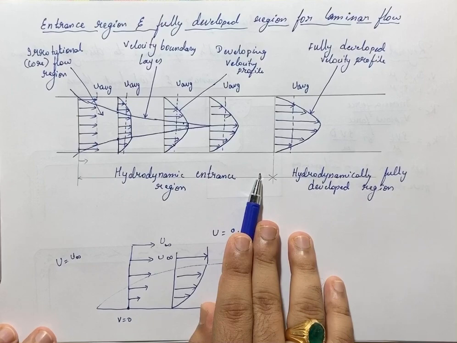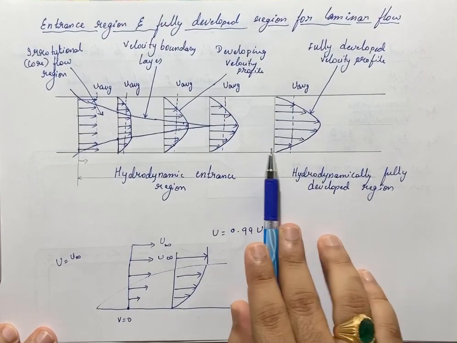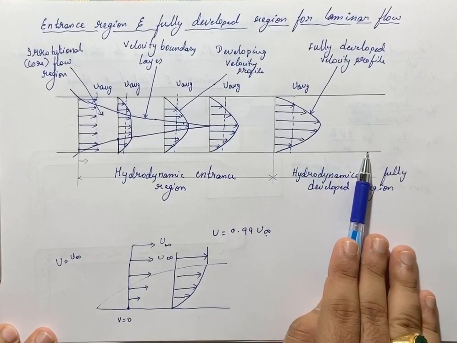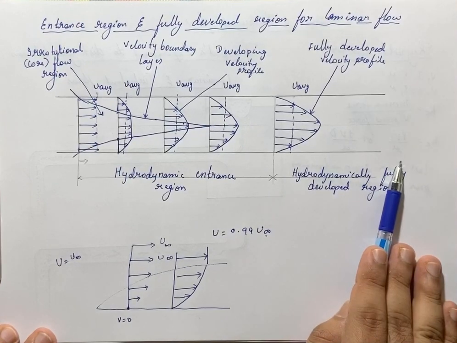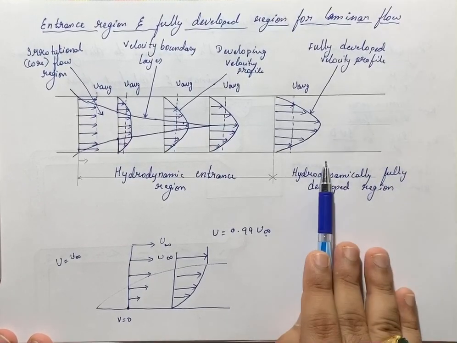After this region, the velocity profile is fully developed and remains constant. This region after the hydrodynamic entrance region is called the hydrodynamically fully developed region.